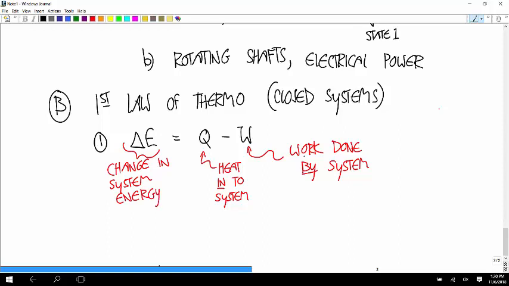Okay, there are two subcases here. The first one is for steady state. If something's in steady state, then there's no change in the energy.